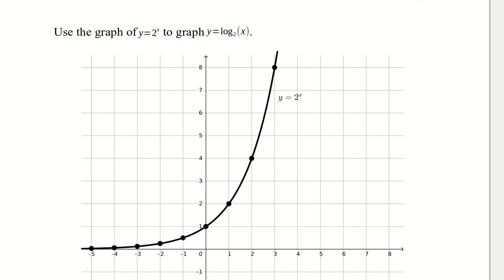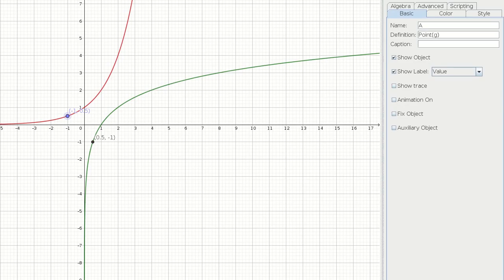Okay, now we're asked to use the graph of y equals 2 to the x to graph its inverse, that is the log base 2 of x. And to do that, we're going to notice that any point on 2 to the x has a matching point where you swap x and y on the log base 2 of x.